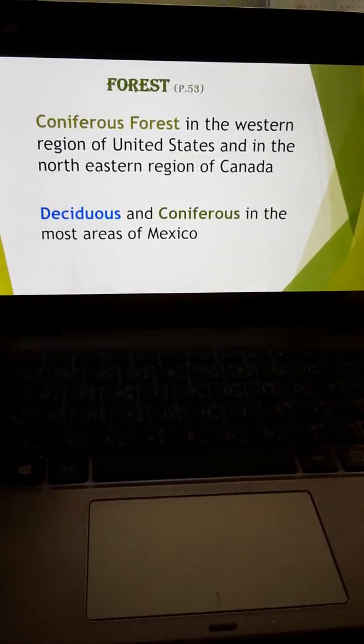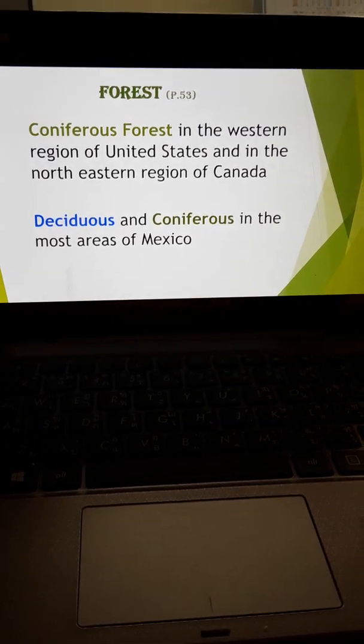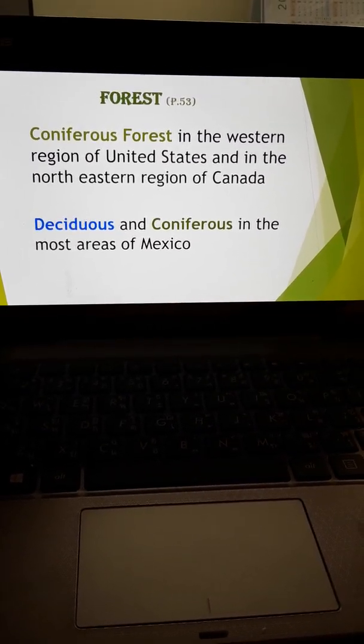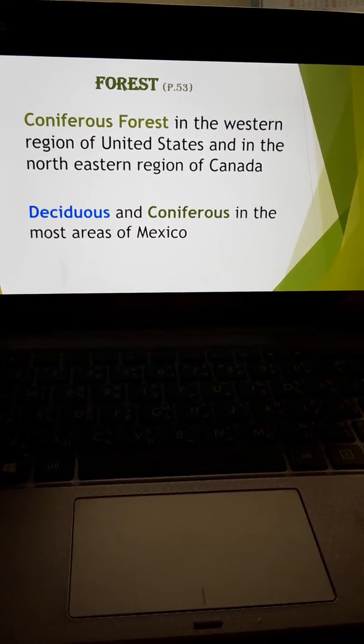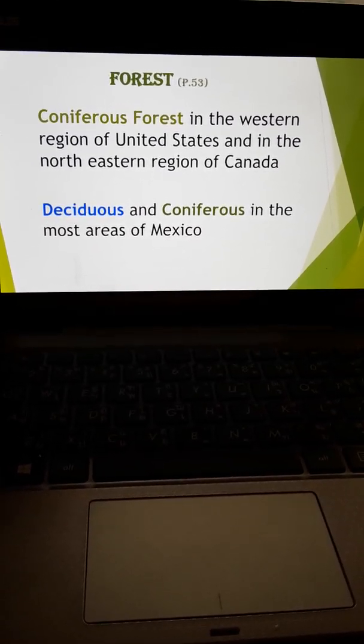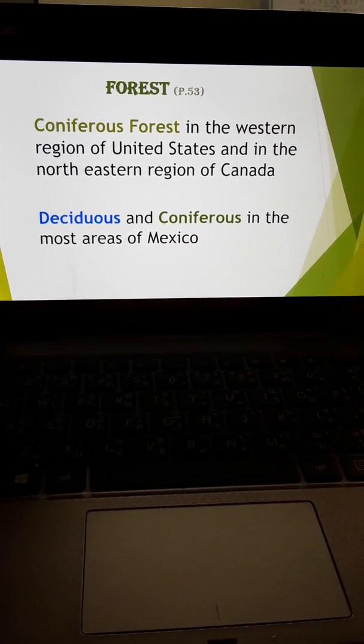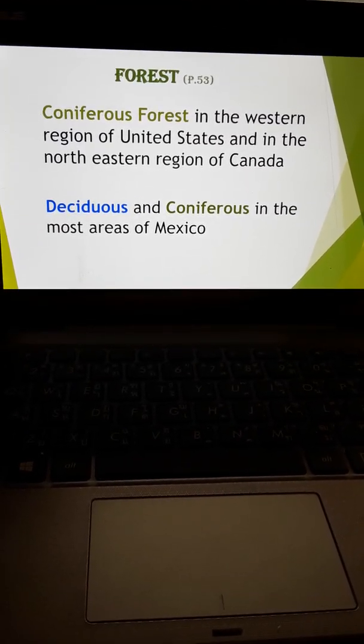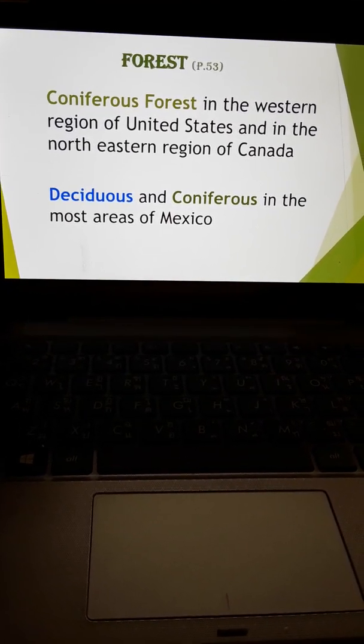They also have forest, the coniferous forest in the western region of the United States and in the northeastern region of Canada, and the deciduous and coniferous in most areas of Mexico.